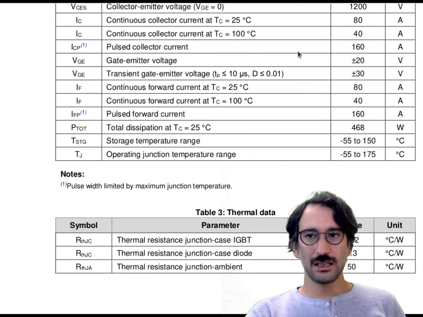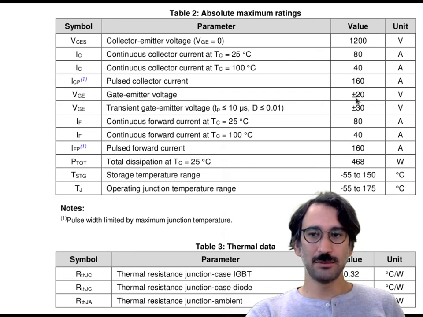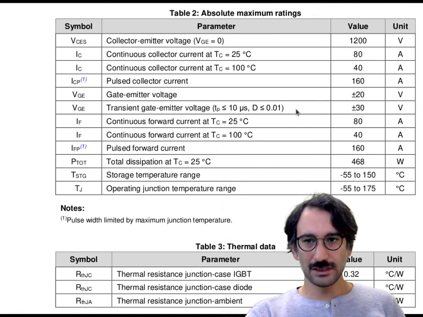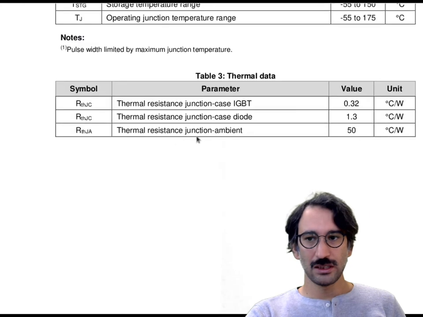Okay, so again, it can withstand pulses of 160 amps, and the gate emitter voltage will be controlled with plus or minus 12 volts. And I think 30 volts is the limit, and then total power dissipation, and it goes like that.